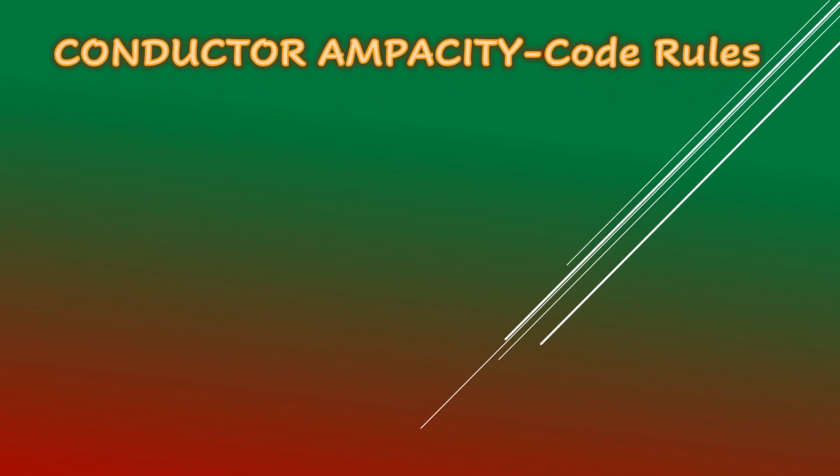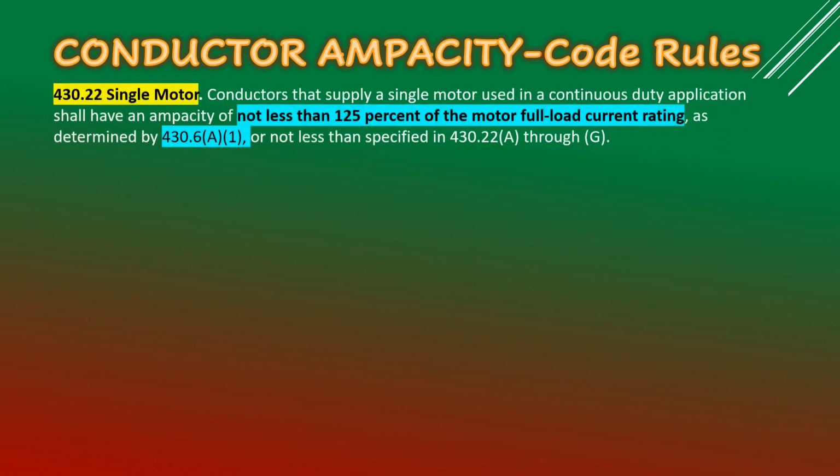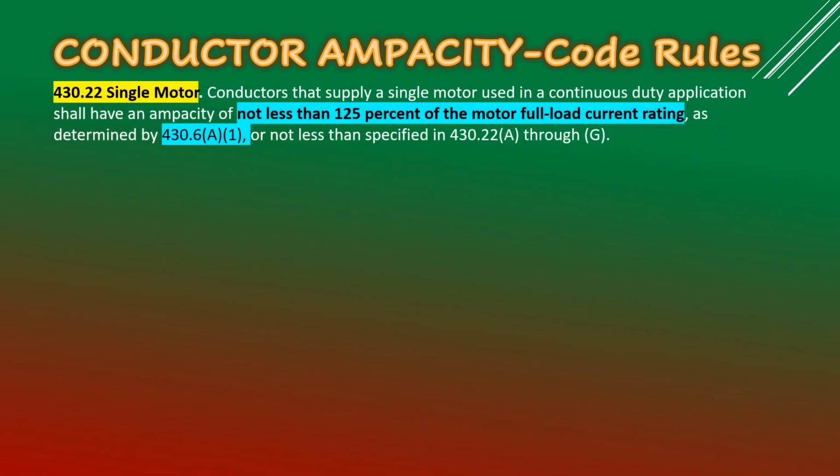Now let us go to conductor ampacity code rules. According to NEC section 430.22, single motor, it tells how to size the conductor for a single motor.